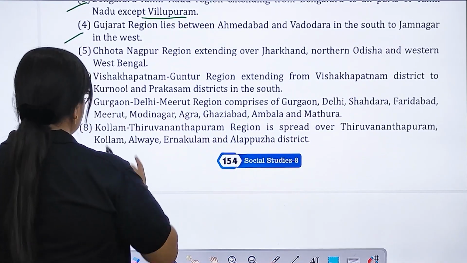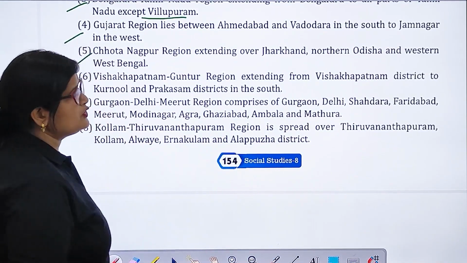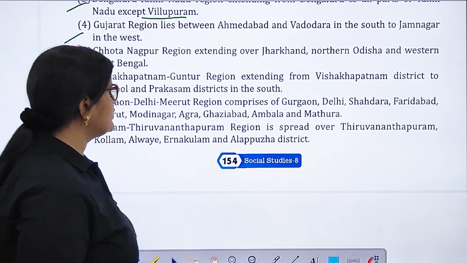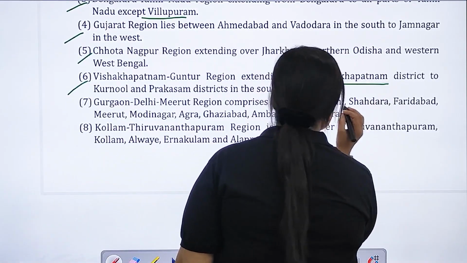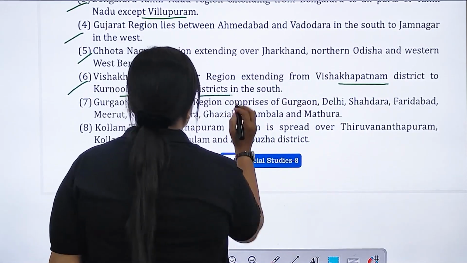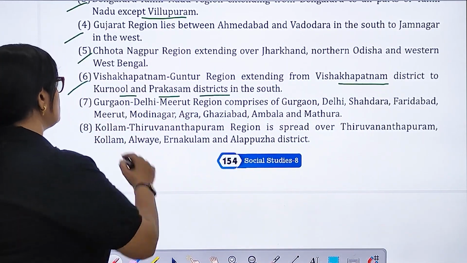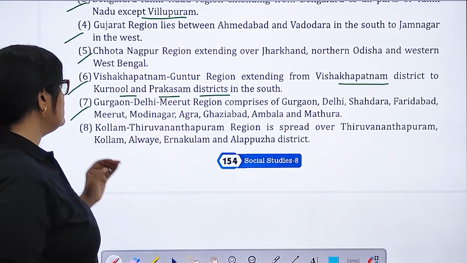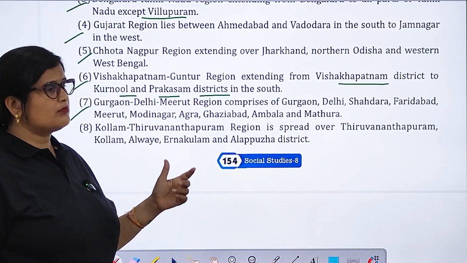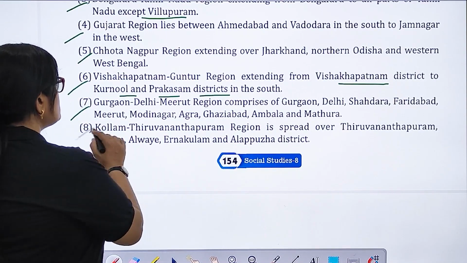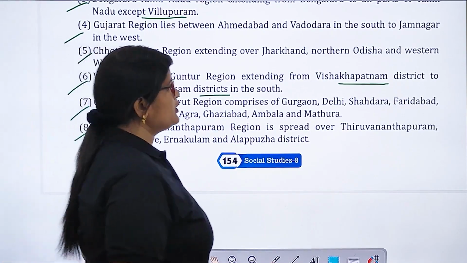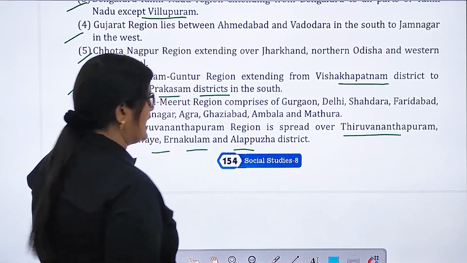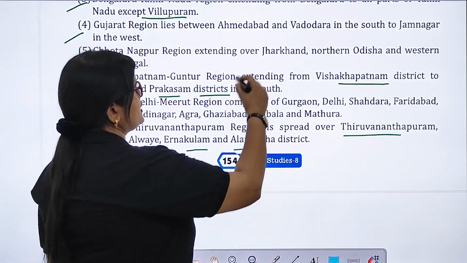The Chota Nagpur region extends over Jharkhand, northern Odisha and western West Bengal. The Visakhapatnam-Guntur region extends from Visakhapatnam district to Kurnool and Prakasam district in the south. The Gurgaon-Delhi-Meerut region comprises Gurgaon, Delhi, Shahdara, Faridabad, Meerut, Modinagar, Agra, Ghaziabad, Ambala and Mathura. The Kollam-Thiruvananthapuram region is spread over Thiruvananthapuram, Kollam, Alwaye, Ernakulam and Alappuzha districts.